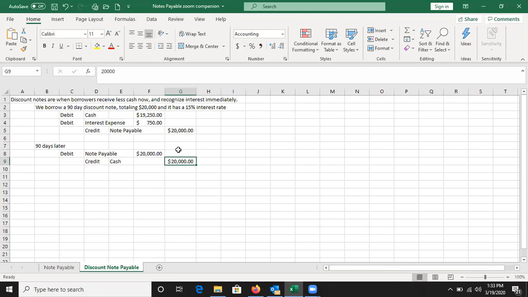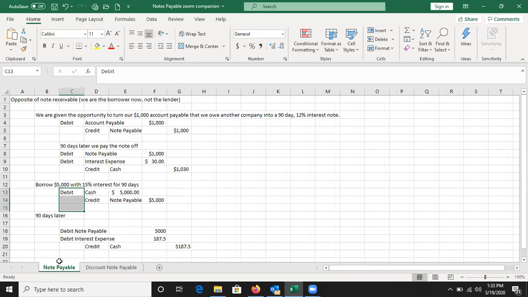That, notice, is different. With a note payable, you receive the full amount of cash, $5,000, but then you have to pay back more when it's time to pay. So if you see here, we borrowed $5,000 in cash, we received that full $5,000. That was the full value of the note. But when we had to pay it back, we had to pay back the $5,000 that we received plus interest.